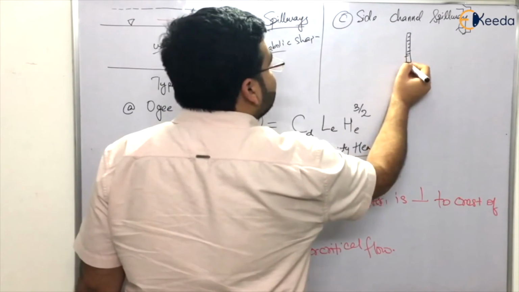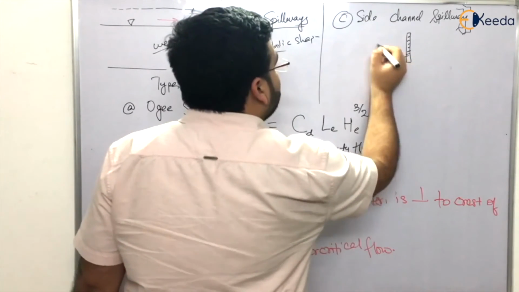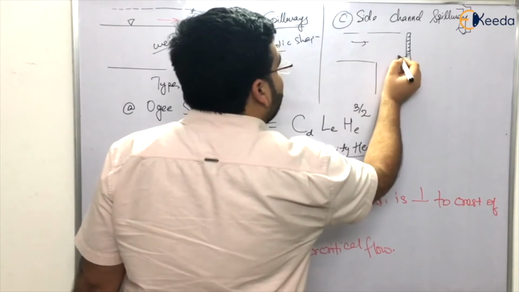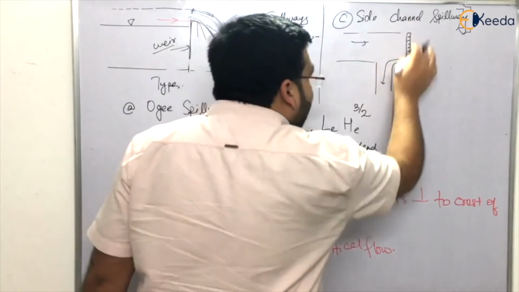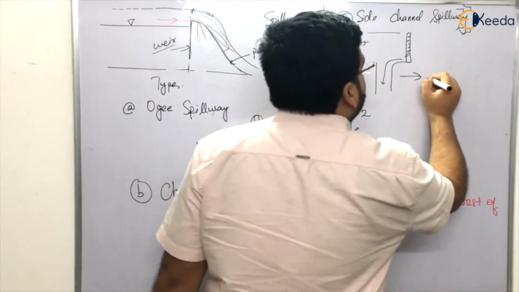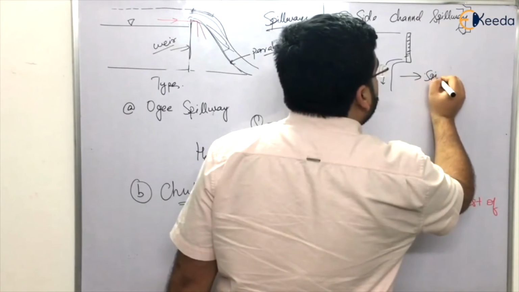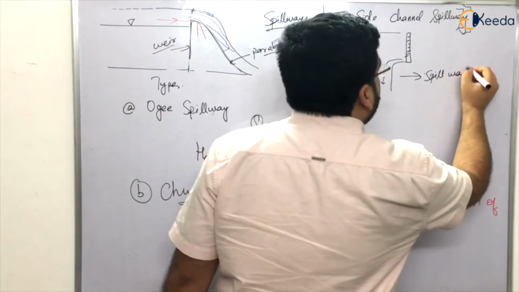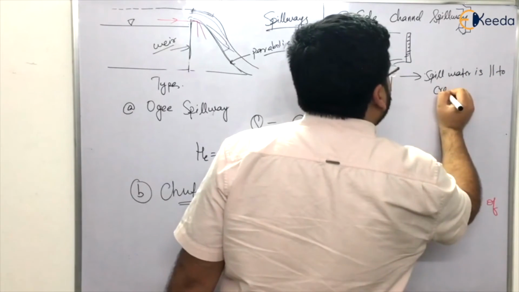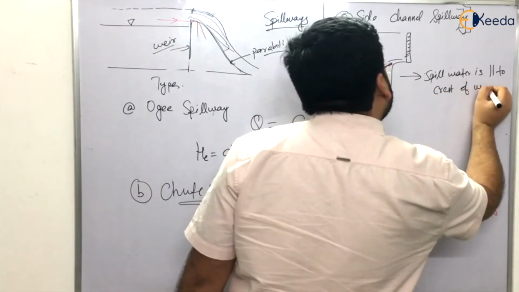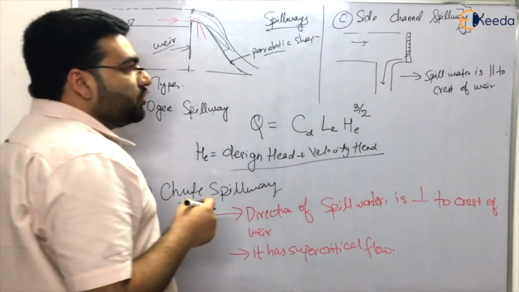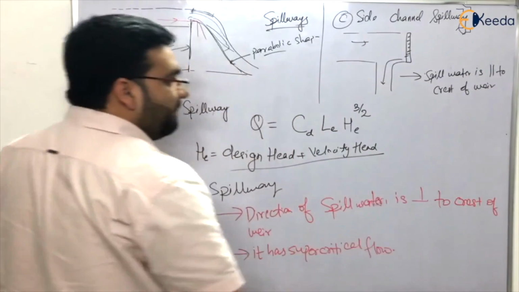We have a spillway here, and the water is coming. The water is spilling parallel to the crest of the weir. So in a side channel spillway, the spillover water is parallel to the crest of the weir. Whatever I am writing, these questions have already been asked in other examinations. Spillover water is parallel here, and perpendicular in the chute spillway.